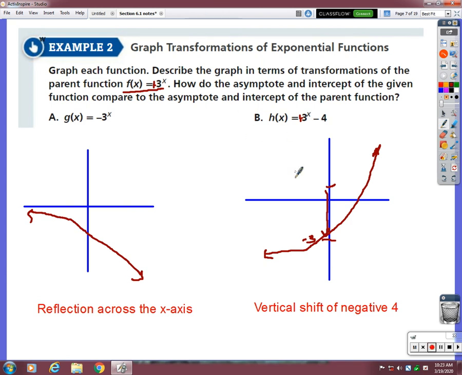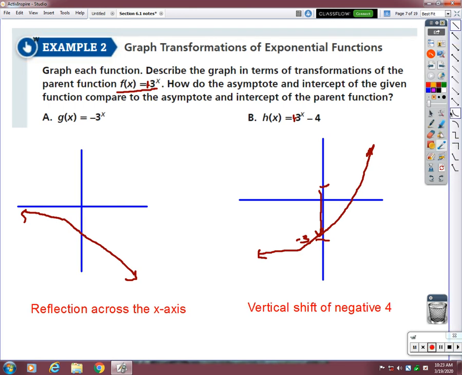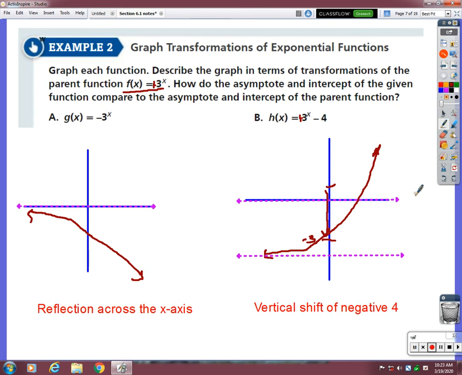How do the asymptotes change? So the asymptote here is a little bit of an interesting question, because for our original exponential functions that we graphed, the horizontal asymptote was at y equals 0. You can see that over there on this beautiful one that I've drawn. This time the asymptote got moved down 4 along with the graph, so that means our new horizontal asymptote will be at -4.